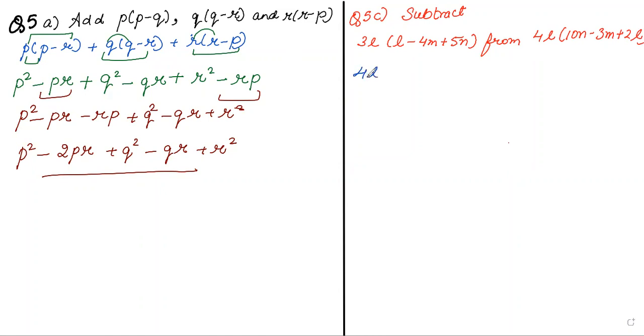Write 4L into 10N minus 3M plus 2L first. Now put the sign of subtraction. Then 3L into L minus 4M plus 5N.